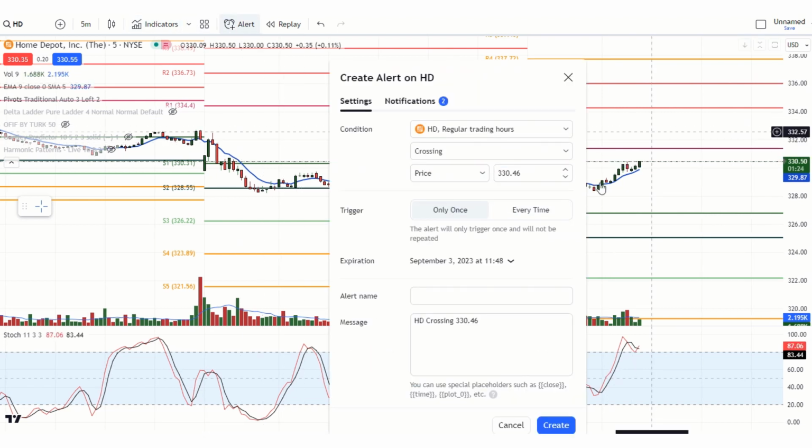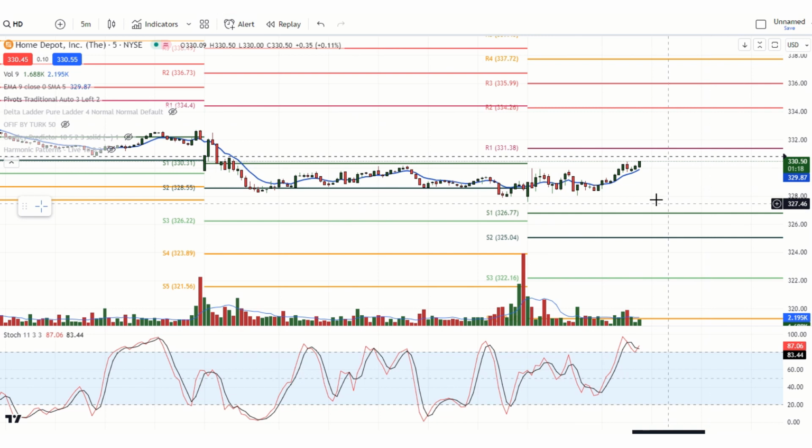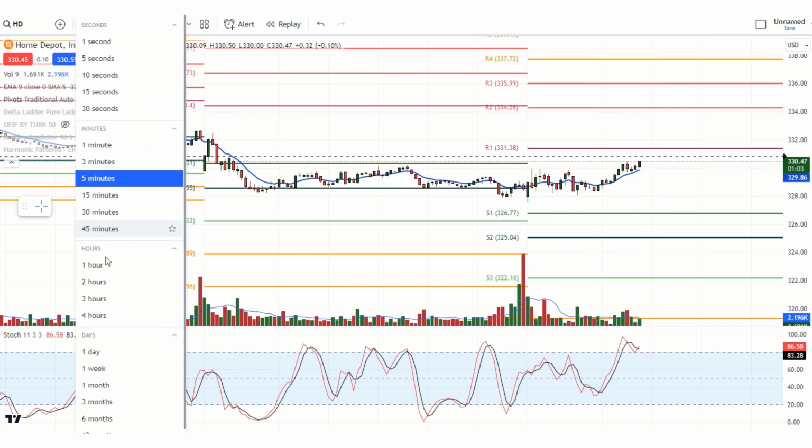Let's clear that. 330. I want to know. So I want to put my alert. I'm going to put an alert right there. I want to know if we start breaking out of this sideways consolidation, okay? But remember, you're going to be going right into resistance on a 5-minute chart, so you'll pull back. So you want to know first and then get the pullback. Let's see if that happens.